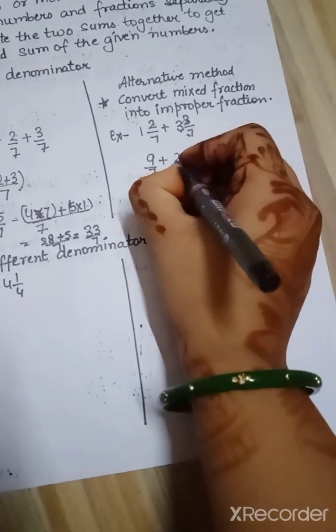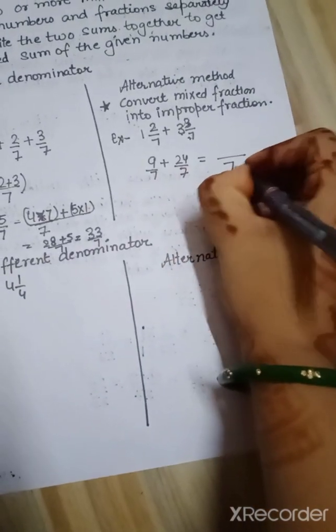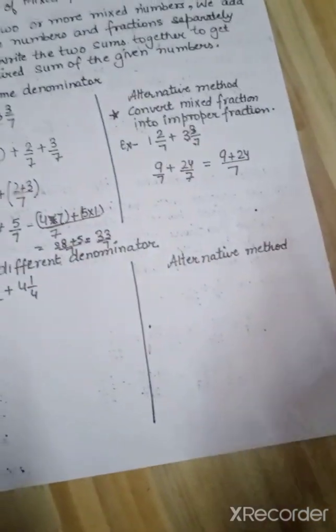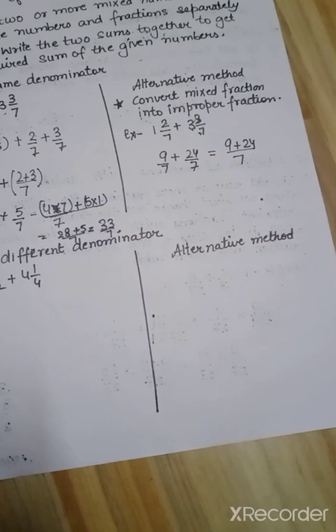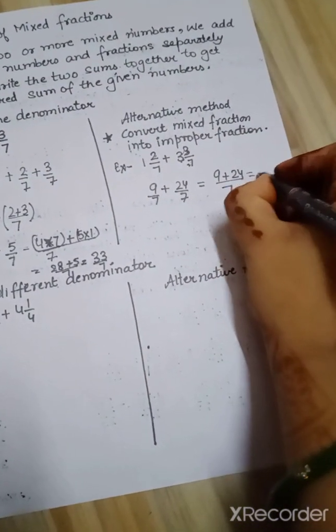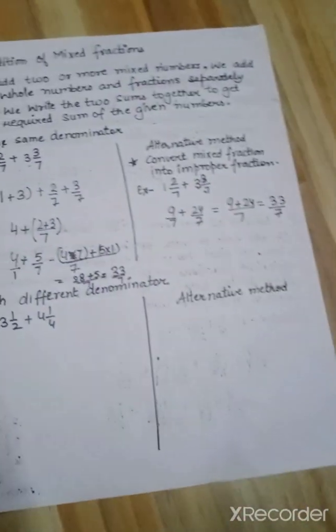What will I get? 24 by 7. This will be the common denominator. Now I will add 24 and 9. 24 plus 9 is 33 upon 7. The answer is the same in both cases.